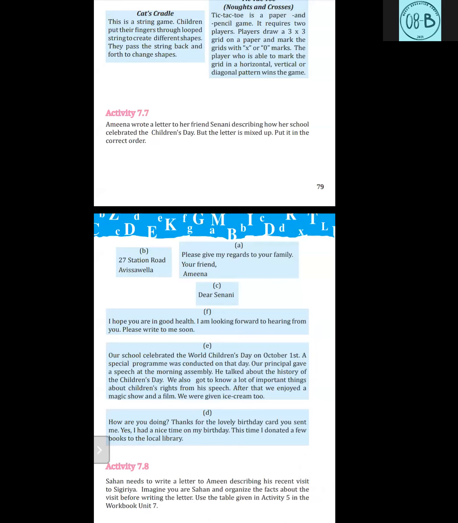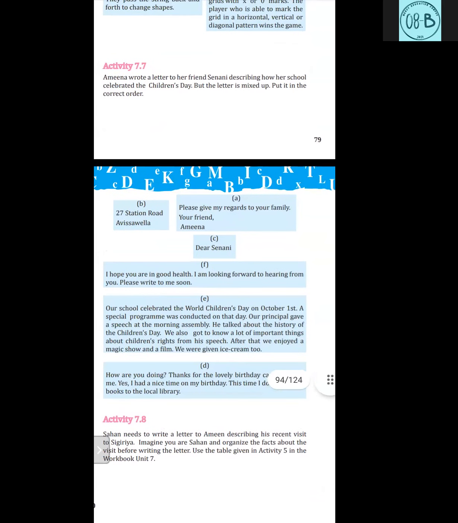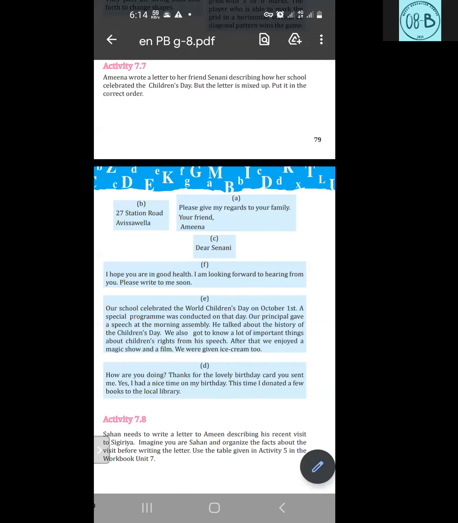Put it in the correct order. So this is the letter written by whom? Amina. Yes, Amina wrote this letter. To whom? To Senani, the friend. Very good.